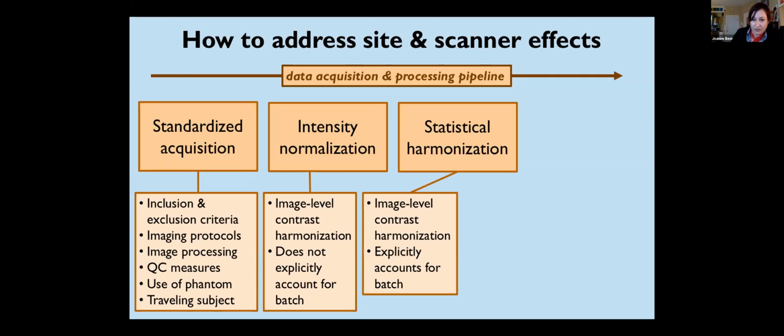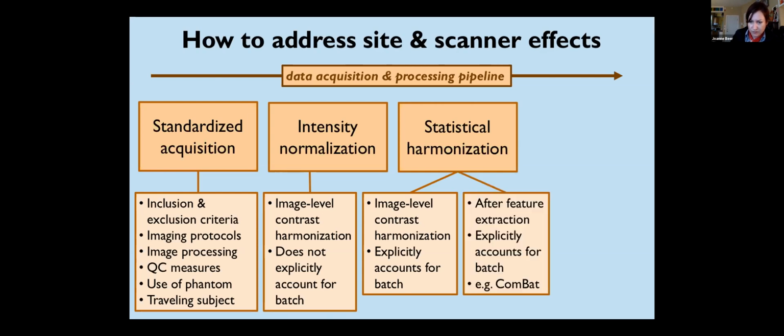And then we have a category which I call statistical harmonization, where we're also doing image level contrast harmonization, but it does explicitly account for the different scanners or protocols. And then we can also think about after feature extraction, doing some kind of harmonization which explicitly accounts for the batch.